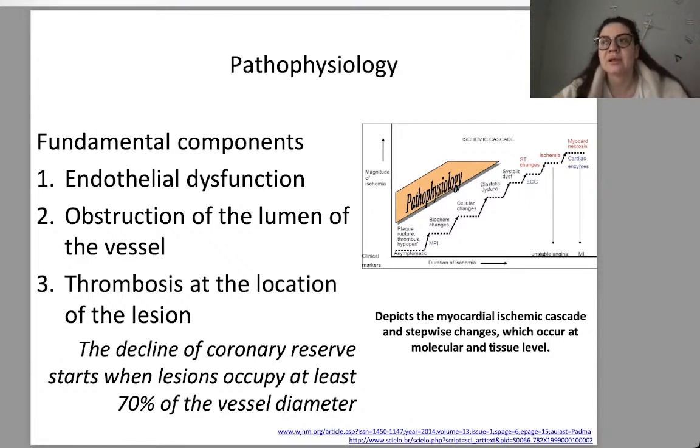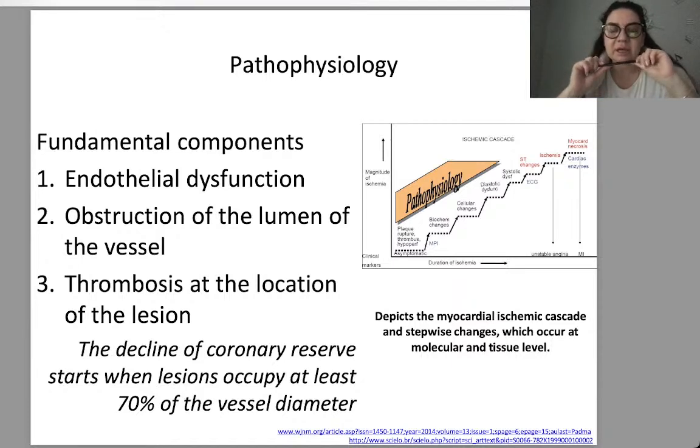You remember that atherosclerosis is a multifactorial disease, and a lot of etiologies and risk factors can lead to it, but all of them are included in one main mechanism, and this mechanism we name endothelium dysfunction.